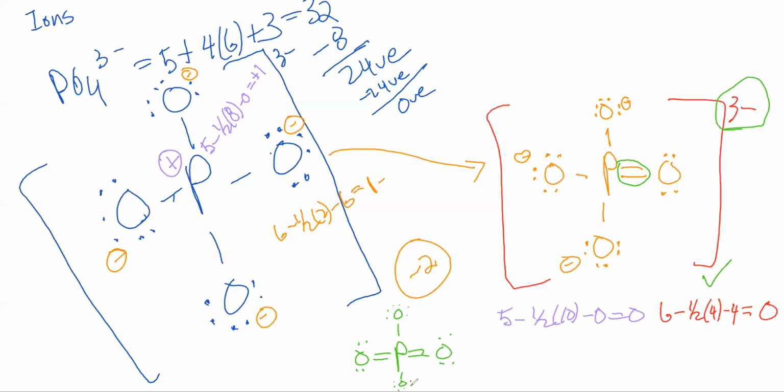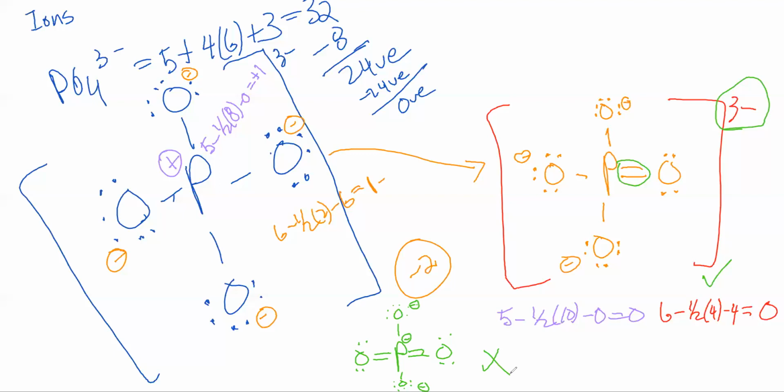While it does have the right number of electrons, this is not going to be as good of an option because we have that negative charge on our phosphorus instead of on the oxygen. So it's not as good an option. It should not be considered a resonance structure.